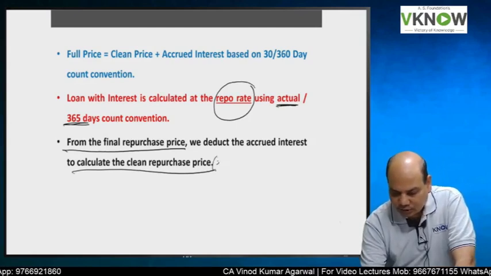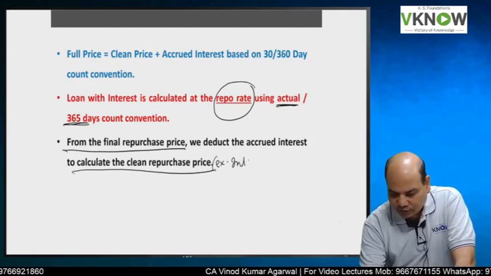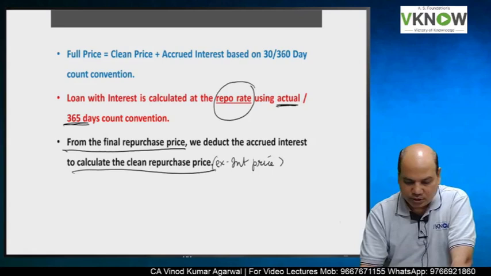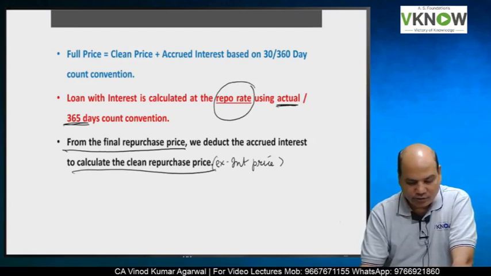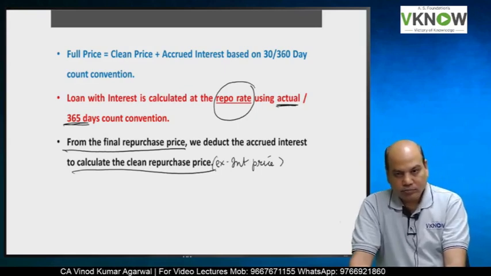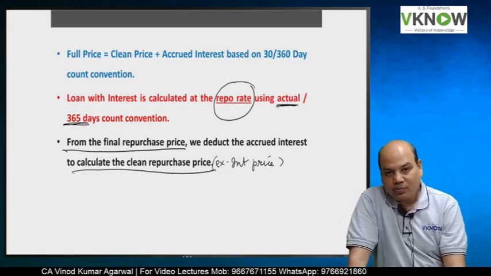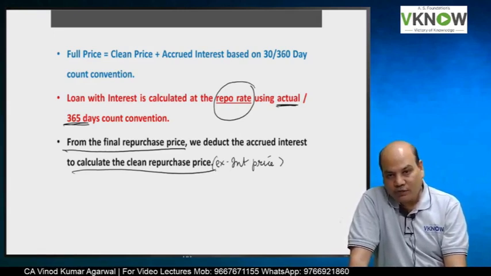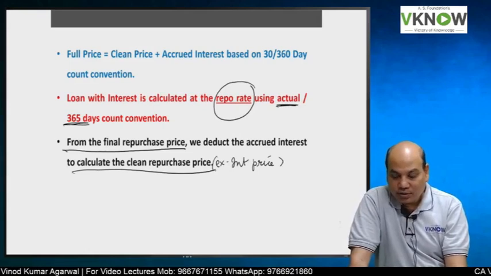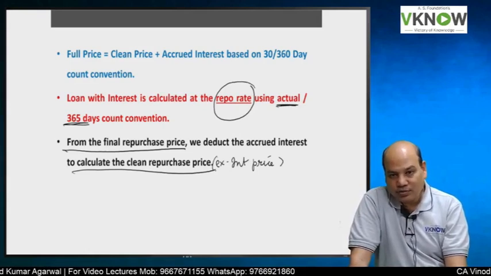Means, in bracket write, ex interest price, to calculate the clean repurchase price. Anything can be asked in this chapter. There are a lot of technicalities involved, but those who are fund managers in big banks, mutual funds, insurance companies, government sector, they have to know all this calculation.